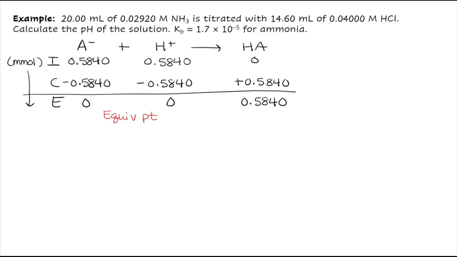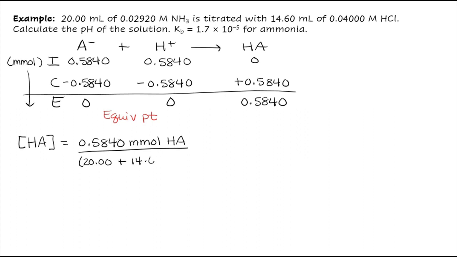The first one is to calculate the molarity of HA, and we get that from our millimoles in the E row, 0.5840 millimoles of HA, divided by the total volume, which will be 20.00 plus 14.60 milliliters. The millis will cancel, and we'll be left with moles over liters, which is molarity.